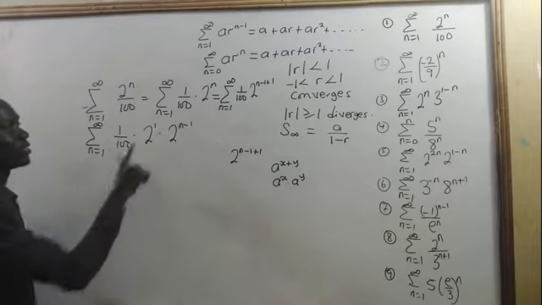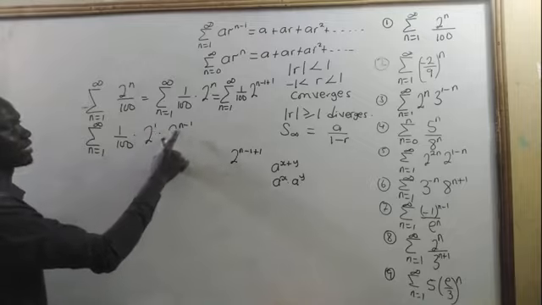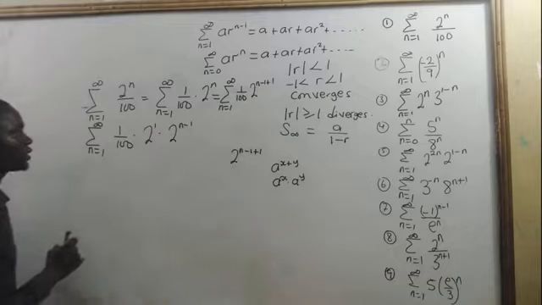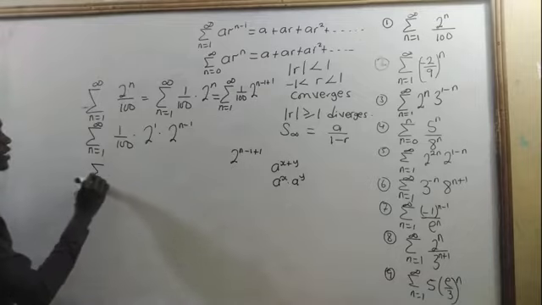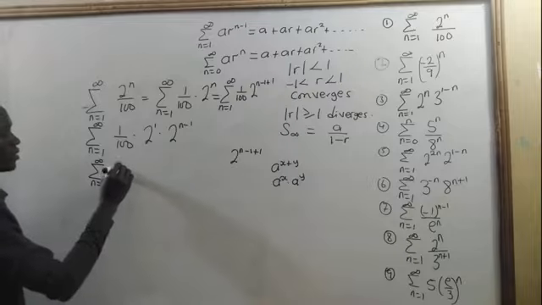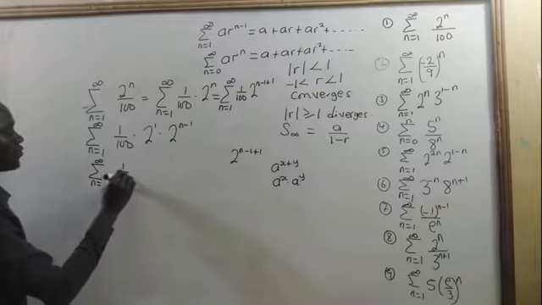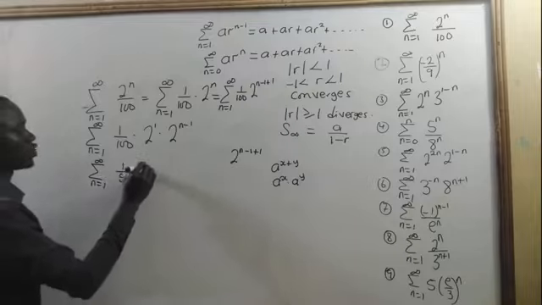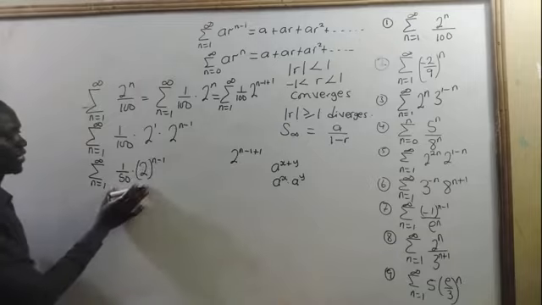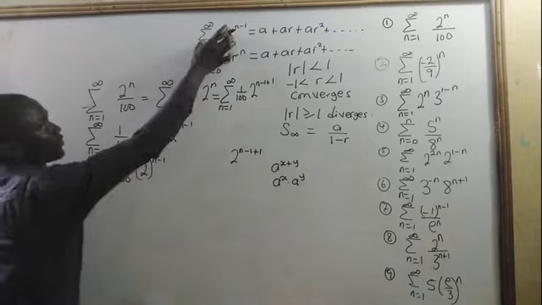Very simple. 1 plus n minus 1 is the same as n minus 1 plus 1. So here we have summation n equal to 1 up to infinity, 1 divided by 50 times 2 exponent n minus 1. So this has been put into this form.